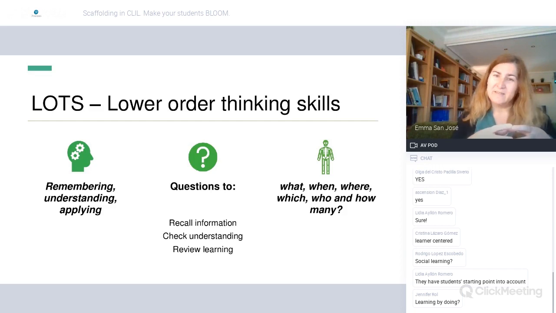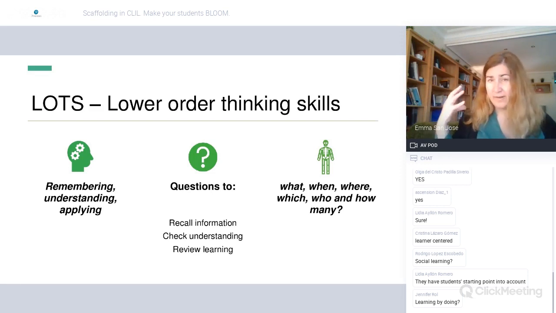This first stage is when they are let loose, but they're not that loose. There's guidance, and they can still refer to the previous stage for support. If you have to apply something, you have just understood it and you have it there in your head. So it's very close to that remembering process.